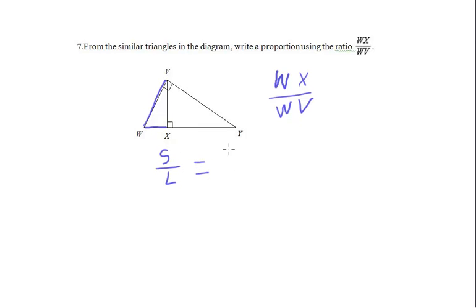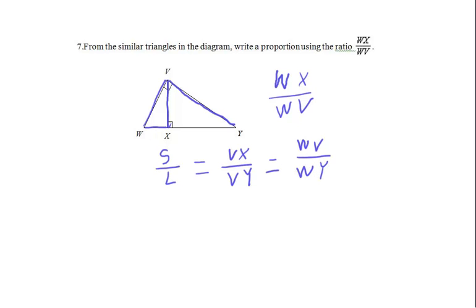So we can have Vx over Vy. So Vx right here of this triangle, short side over the long side. And then we can have Wv over Wy.